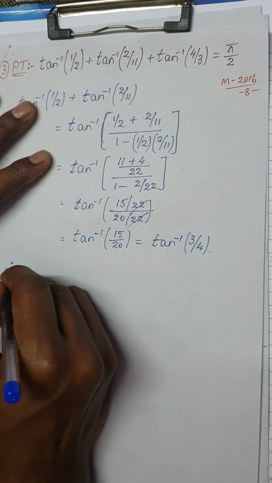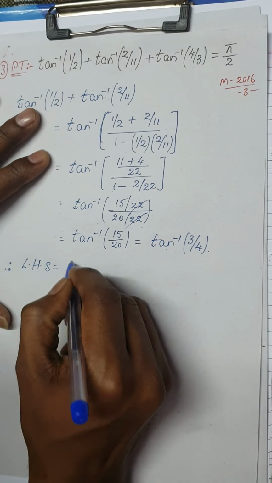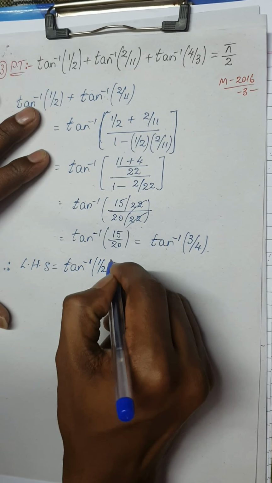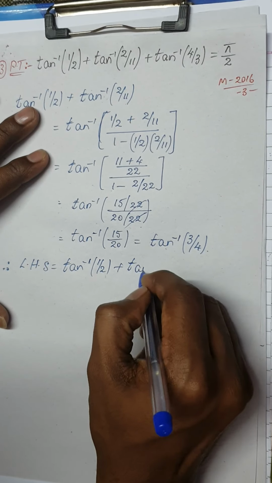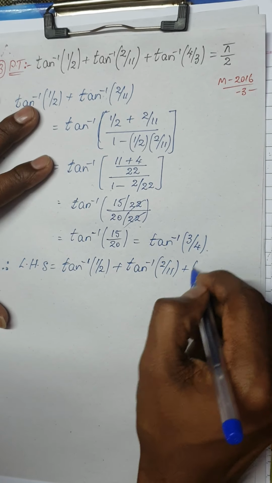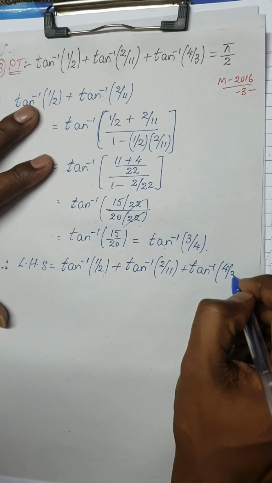Therefore, now I will consider the full left hand side. LHS is nothing but tan inverse of 1 by 2 plus tan inverse of 2 by 11 plus tan inverse of 4 by 3.